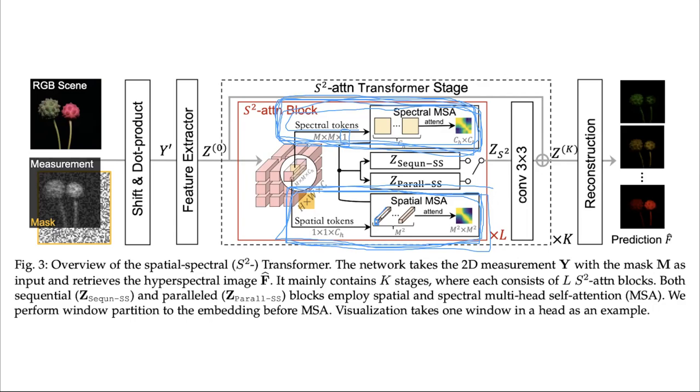So we want to learn the correlation from this one across all these pixel locations. And that's the intuition for why I want to define a spatial token in this way.